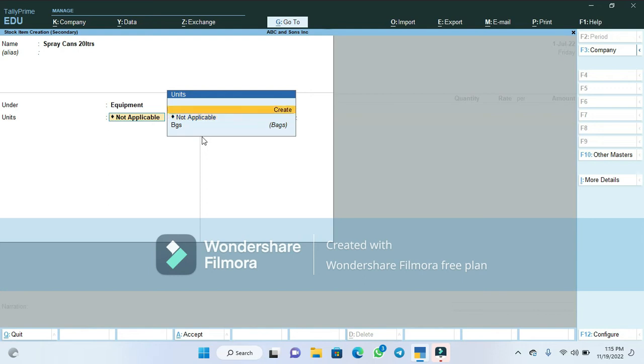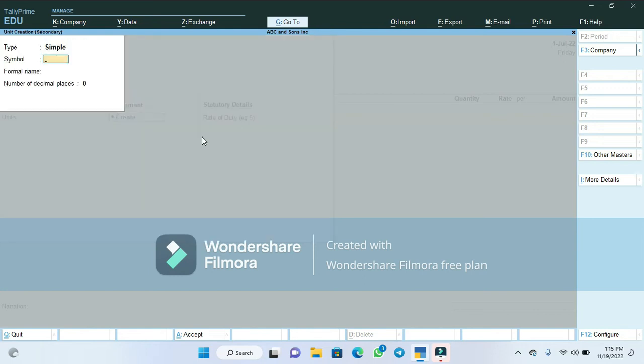So we can create this unit, symbol, liters. Sorry, these are cans or pieces. So let's use PCS, pieces or cans.